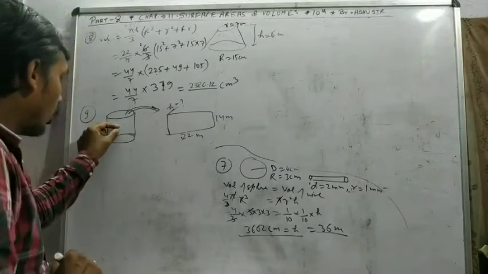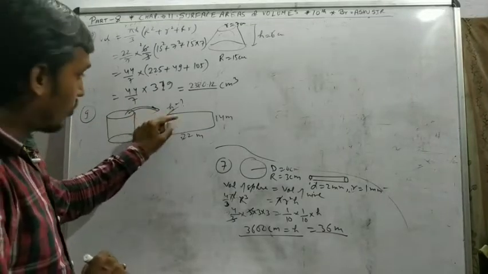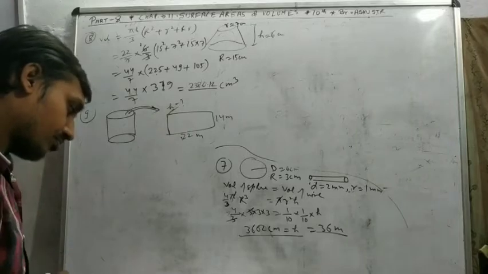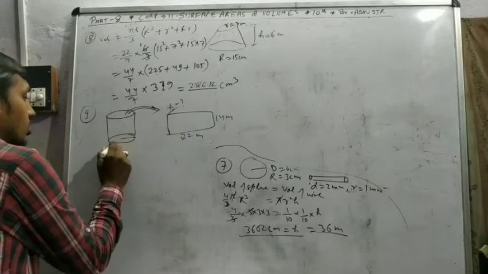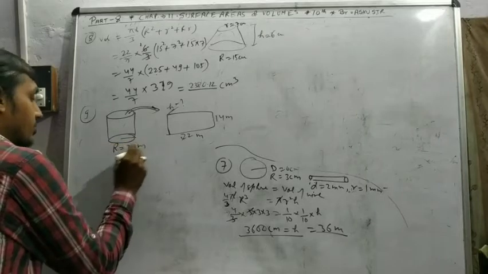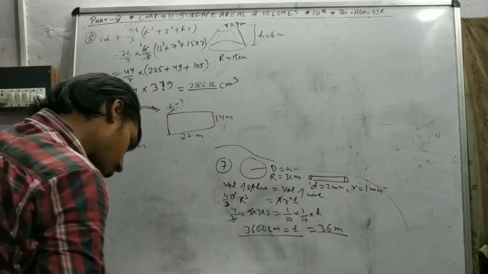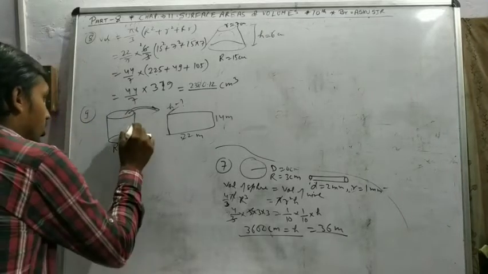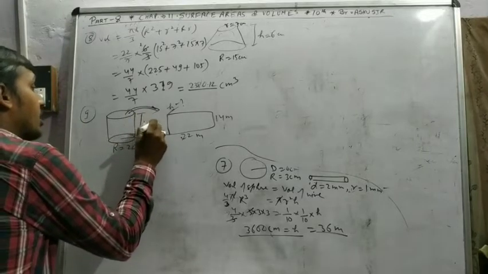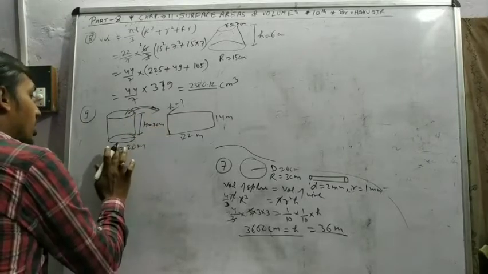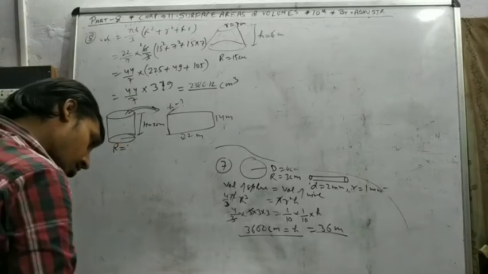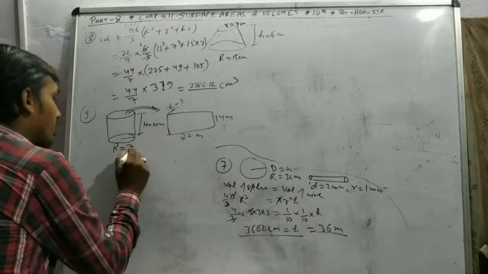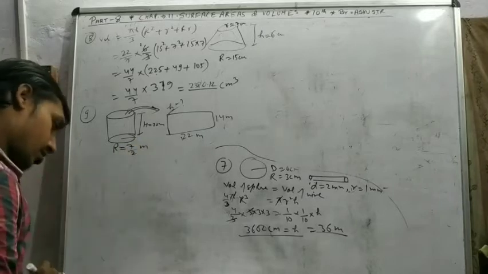So if all earth is spread here, what is the height of the platform? So the depth is 20 meter, and the diameter is 7 meter, so the radius is 7 by 2 meter.